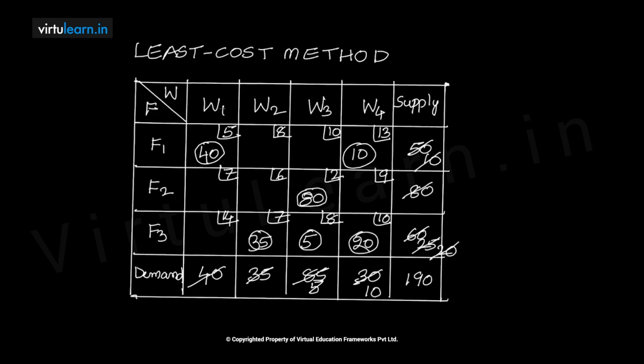Column-wise, we require 40 at W1, satisfied, 35 at W2, satisfied, 85 at W3, satisfied, and 30 at W4, satisfied. Now total units are allocated. Next we will compute the total cost of allocation using the least cost method.